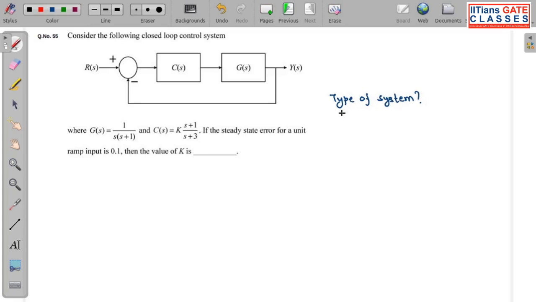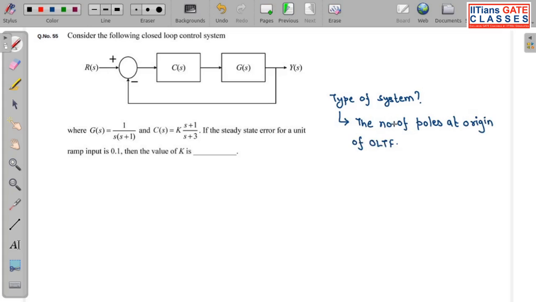Type of system means basically the number of poles at origin of the OLTF.